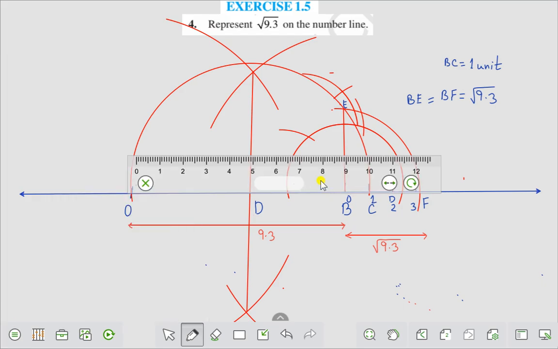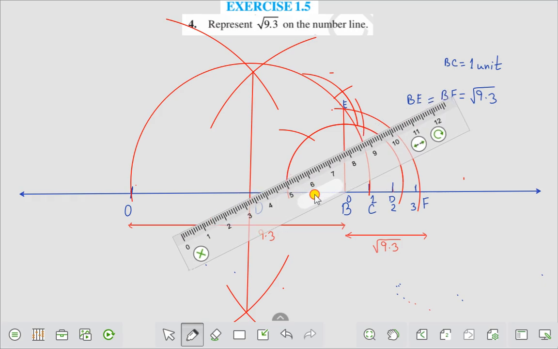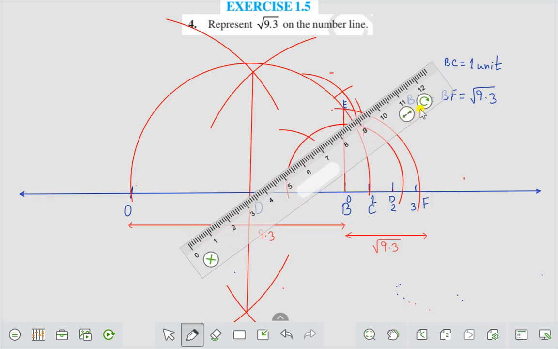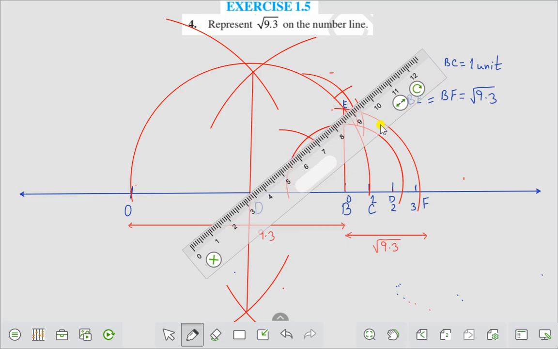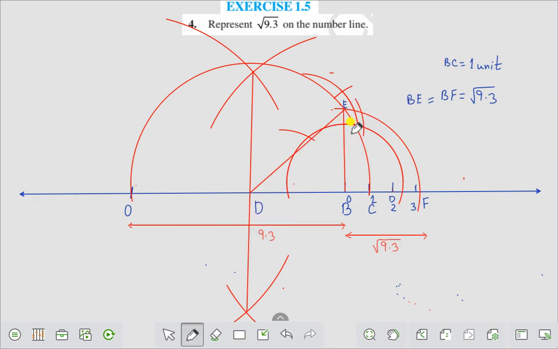With the help of this scale, we are making the hypotenuse. Now this is the hypotenuse.